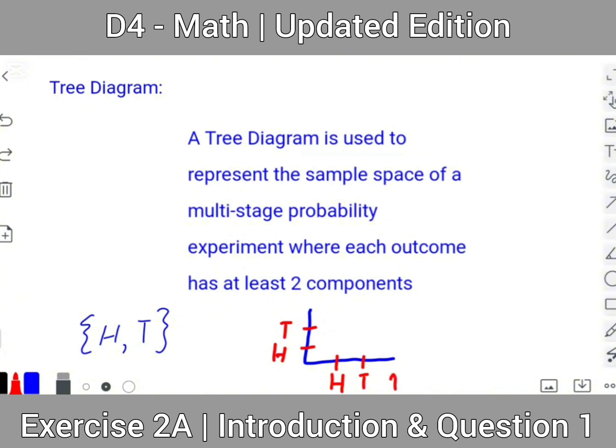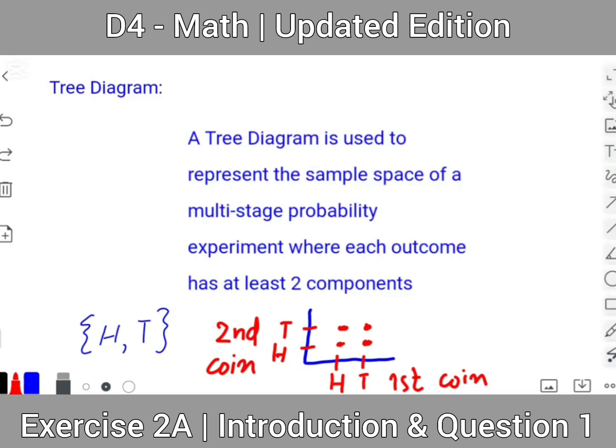This is for the first coin and this is for the second coin. Now we will draw the dots. This dot shows outcome HH. This shows outcome HT. This shows TH and this outcome shows TT.